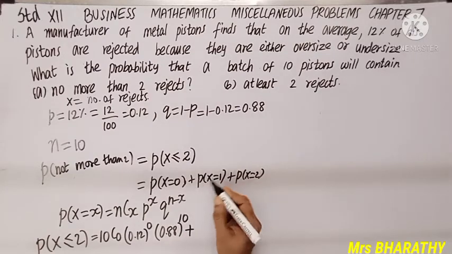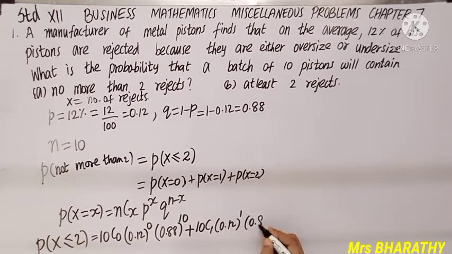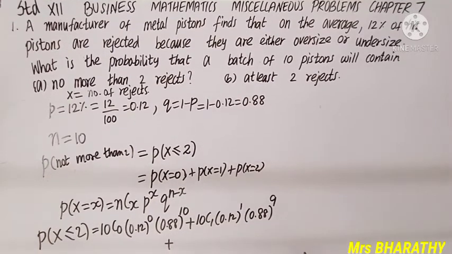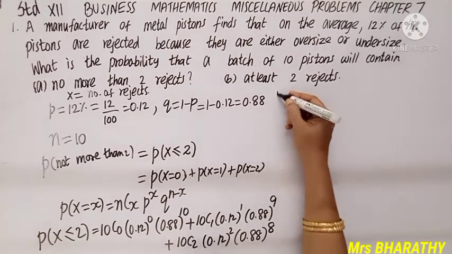Then we have to put x is equal to 1. 10C1, 0.12 power 1, 0.88 power 10 minus 1, that is 9. Substitute x is equal to 2. 10C2, 0.12 power 2, 0.88 power 10 minus 2, that is 8.